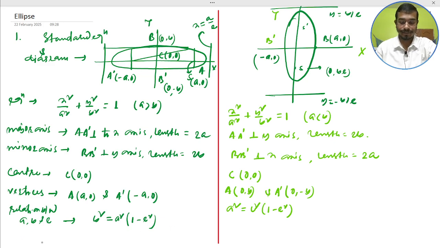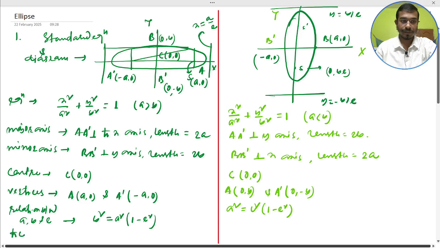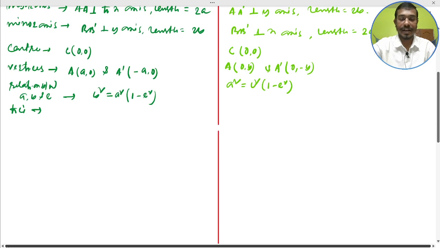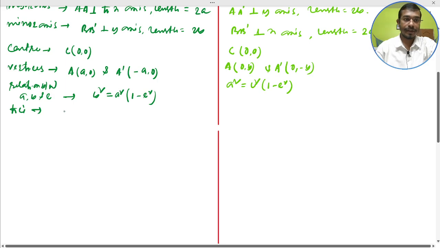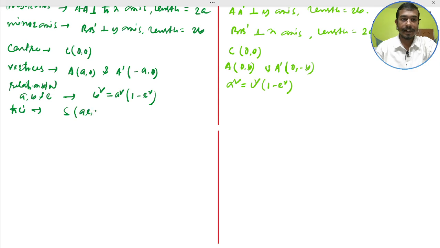Next, the foci. Two foci, S and S'. S is (ae, 0) and S' is (minus ae, 0). So here also there will be two.